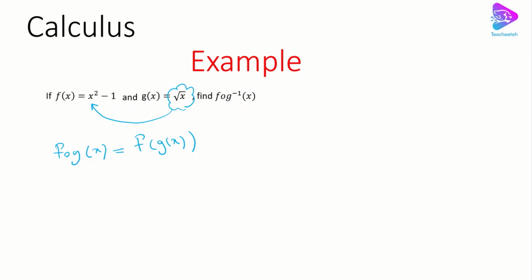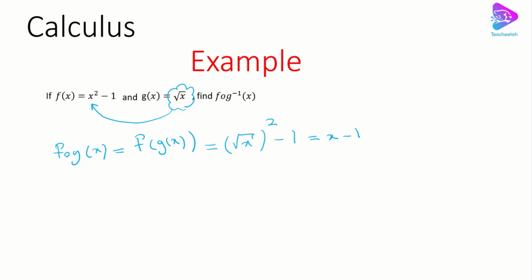So using this definition, just as I said, we have to plug in the square root of x instead of x in here, and then we can obtain f of g of x. So from there we can get the square root of x squared minus 1, so this is going to be x minus 1.